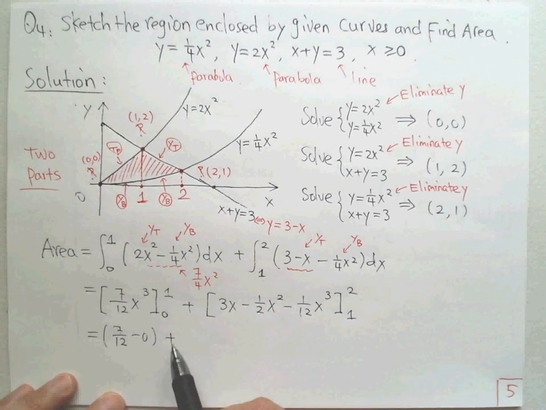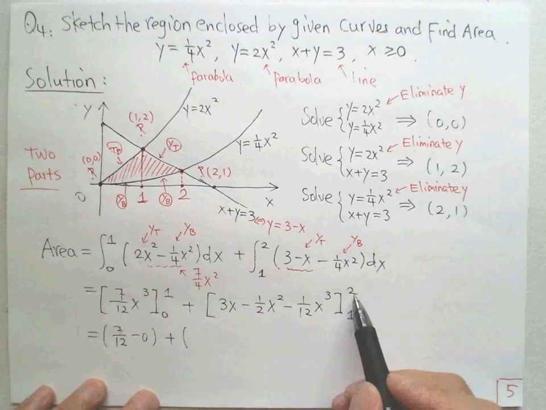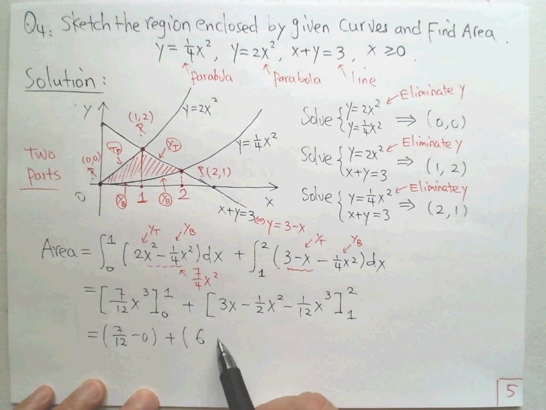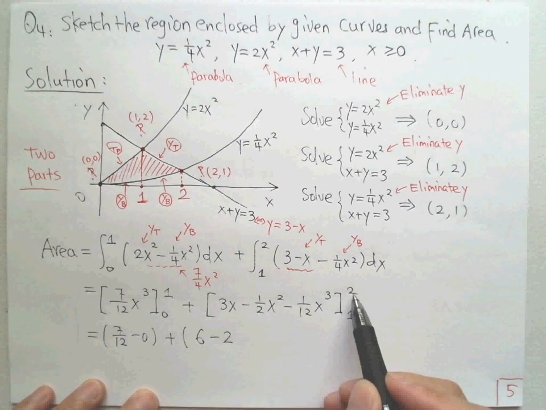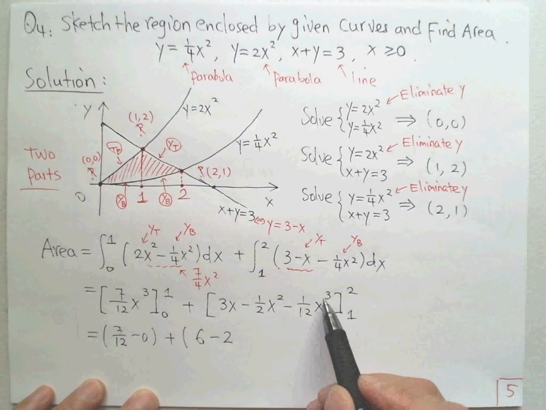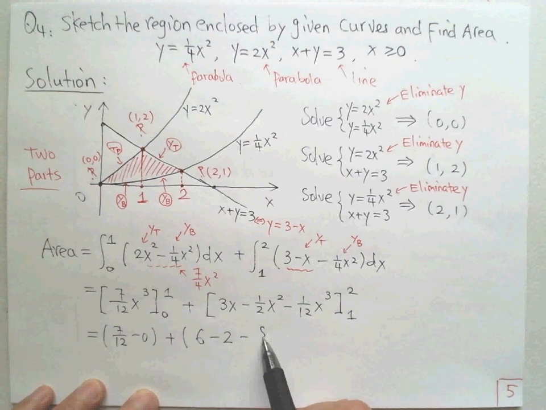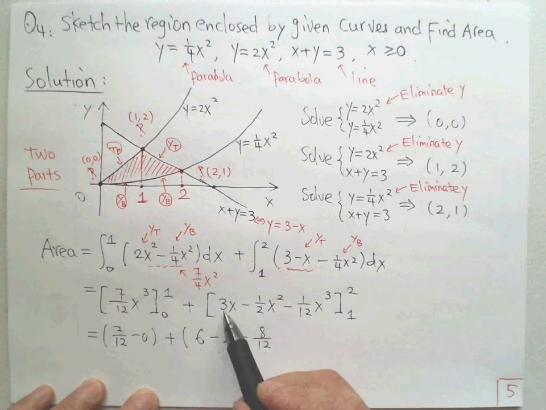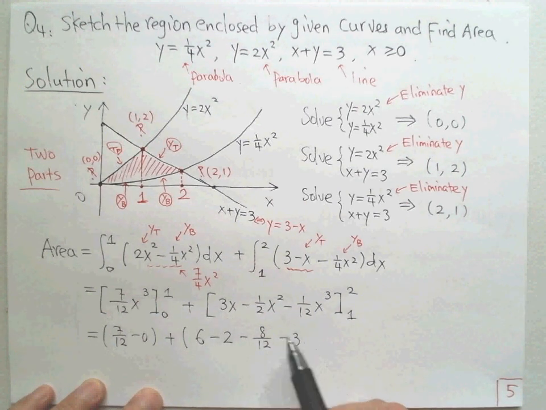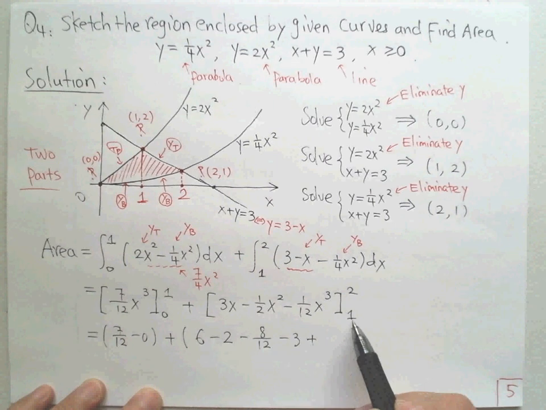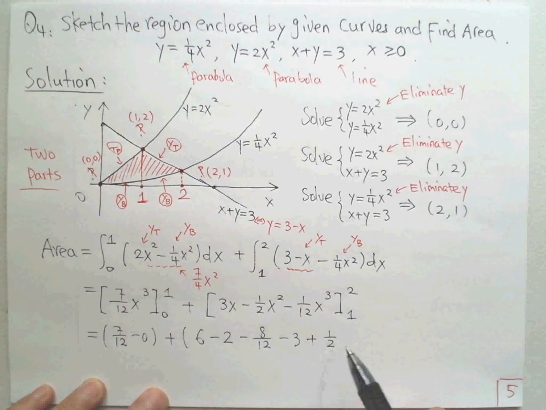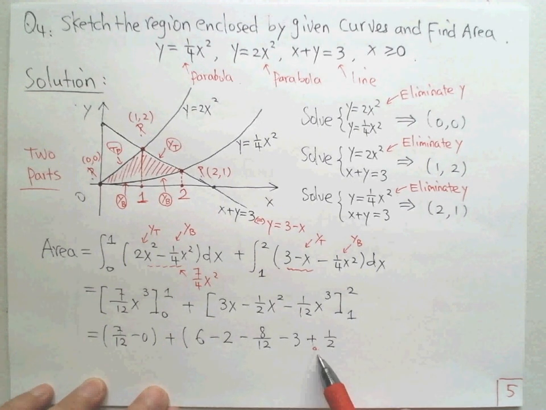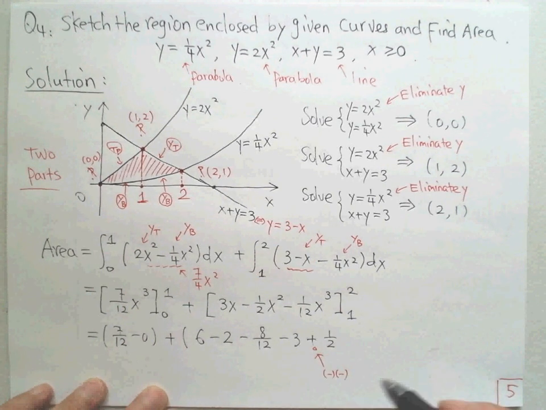So plug in 1 is 7/12, and then minus 0. So that's the first part. For the second, plus: I put the 2 in is 6, minus 2 is 4, so we get 2. Plug 2 in is 8, so I just directly minus 8 divided by 12. This is plug in 2. Then plug in 1, so it's minus. Keep in mind, minus 3 minus is plus. 1 plugged in is 1/2.